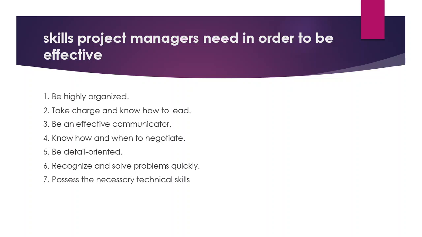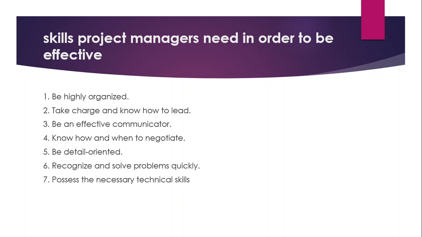All right, so number five, you should be detail oriented, very important. Number six, you should be able to recognize and solve problems quickly. Please, please, please. This is also very important because you are going to encounter quite a lot of problems while you are running your project. So you should be able to recognize them and solve them immediately or quickly.